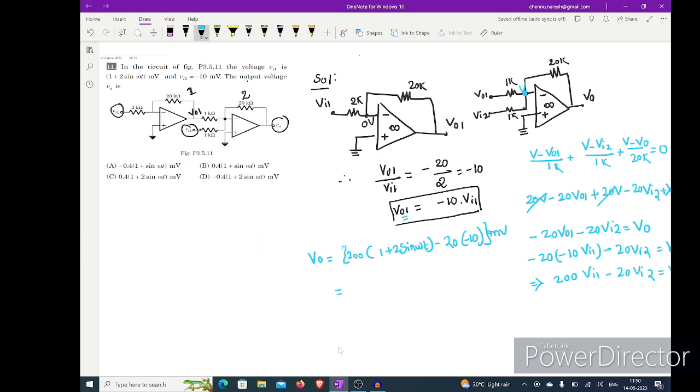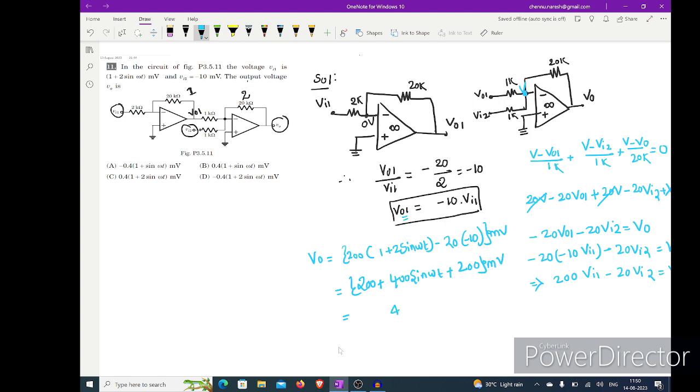So now let us solve this. It is 200 into milli: 200 plus 400 sin omega t plus 200, in millivolts. Now we will see the answer in which format it is there. Okay, we'll take 400 common, since it is 200, 200, 400.